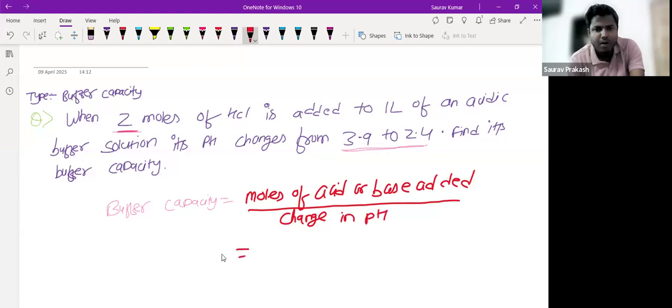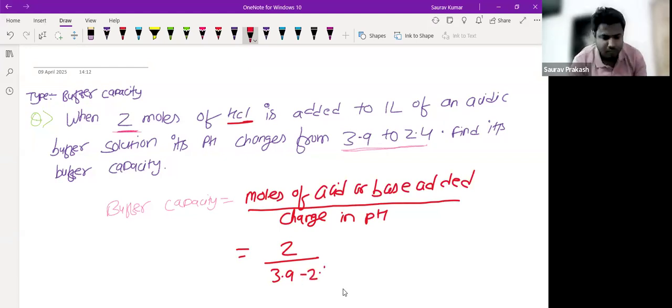So what is the number of moles of acid or base added? HCl is our strong acid. It is 2 moles, and the change in the pH is 3.9 to 2.4. So it becomes 2 upon 3.9 minus 2.4, which is 1.5, so it becomes 2 upon 0.5.